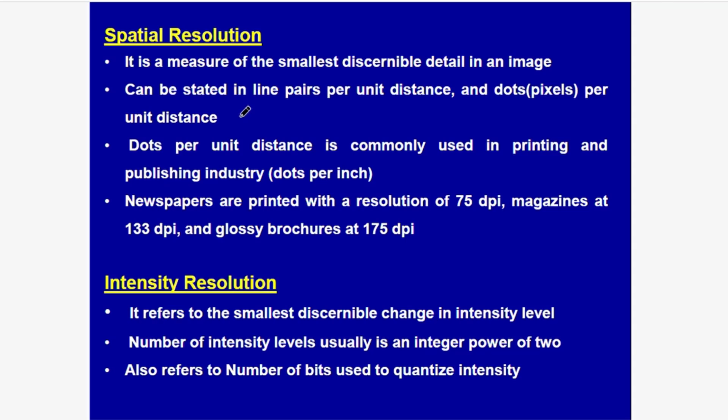It is measured in terms of line pairs per unit distance or dots or pixels per unit distance. Dots per unit distance is commonly used in the printing and publishing industry, and these are examples of DPIs for newspapers, magazines and glossy brochures. So spatial resolution is measured by DPI, dots per inch.